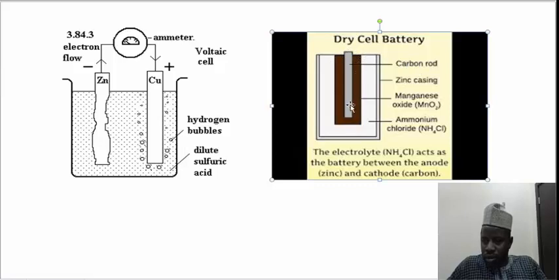We put some manganese oxide here to overcome problems of polarization that normally disturb the carbon. Then the ammonium chloride is our solution, but it is in the form of a paste, not liquid, and this is our electrolyte.